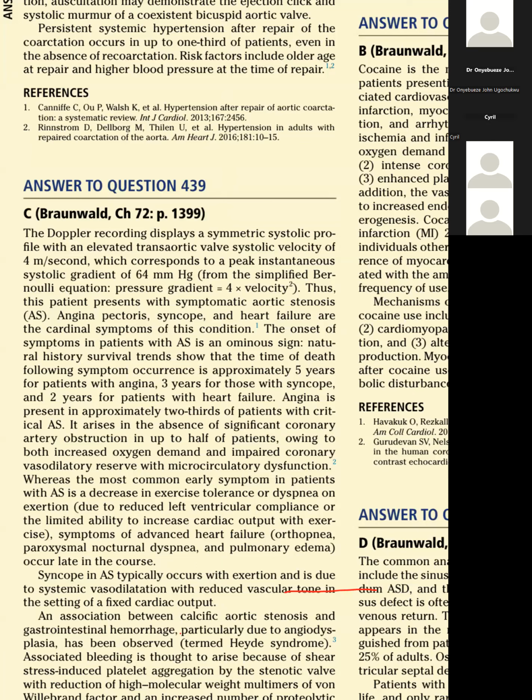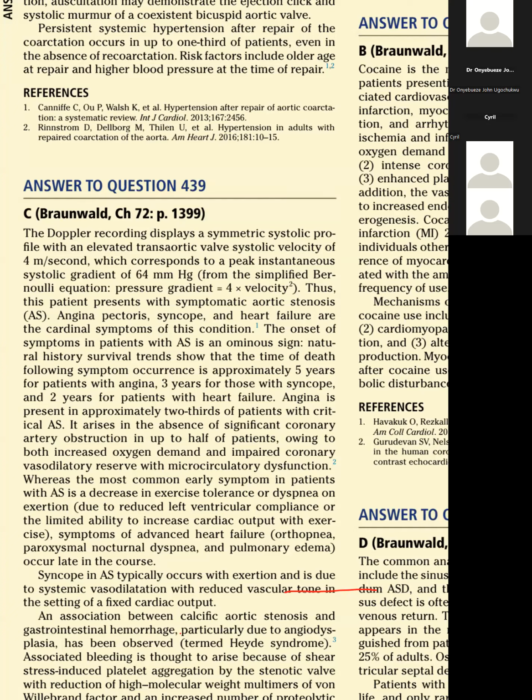The Doppler recording displays a symmetric systolic profile with an elevated transaortic valve systolic velocity of 4 meters per second, which corresponds to a peak instantaneous systolic gradient of 64 millimeters of mercury from the simplified Bernoulli equation, pressure gradient being equal to 4 multiplied by the velocity squared.